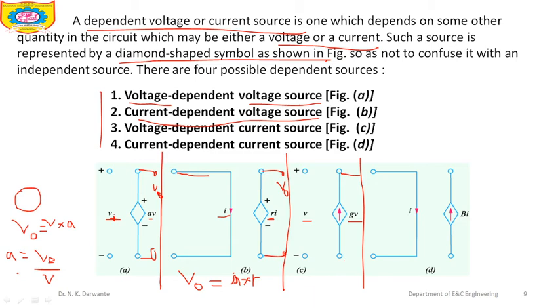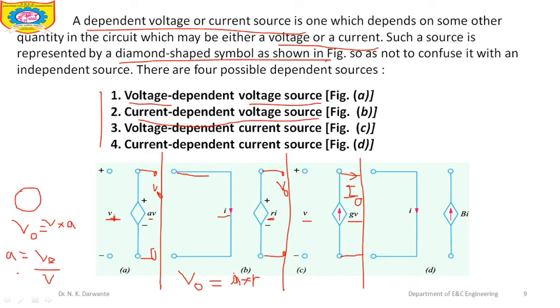Here you will get the output current, shown as I0. This is only for understanding purposes that I am making the changes, otherwise the symbols are perfect. No need to make any kind of changes. Here G is the transconductance, keep in mind.